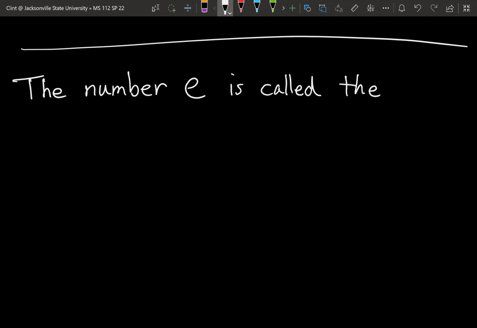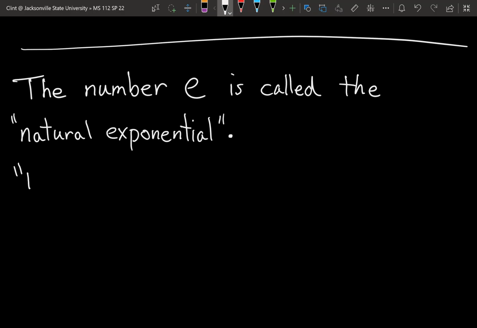That number e is called the natural exponential. Or sometimes you'll hear it called Euler's number, named after a mathematician.